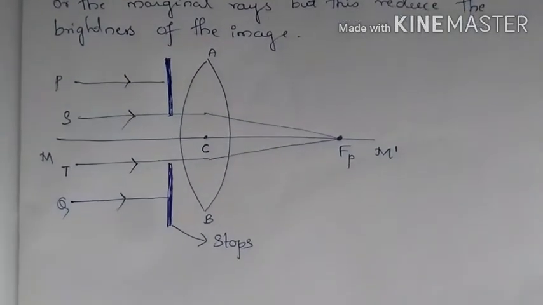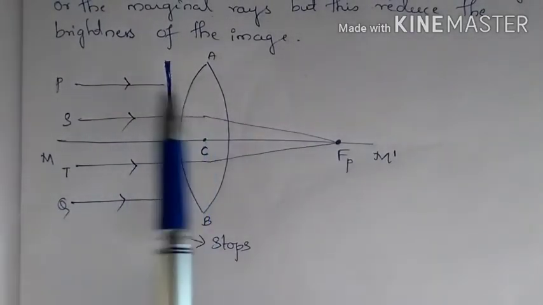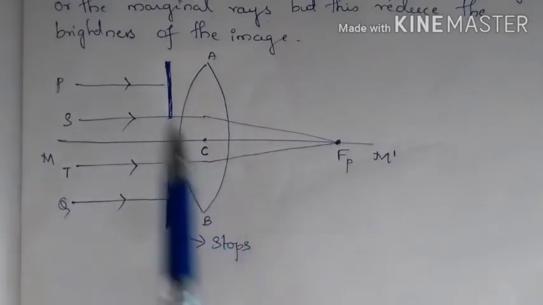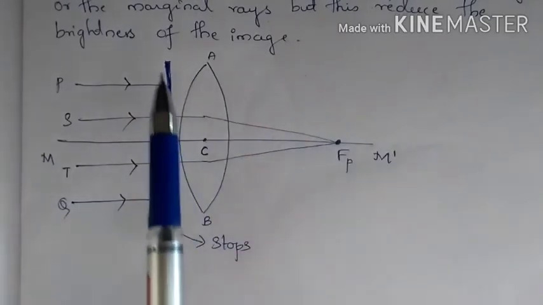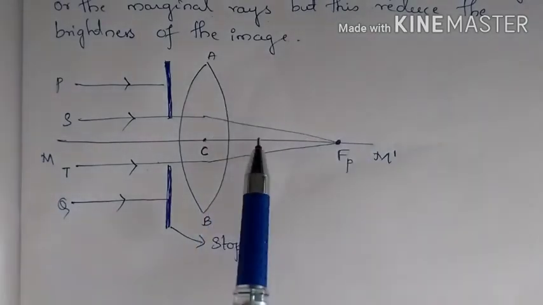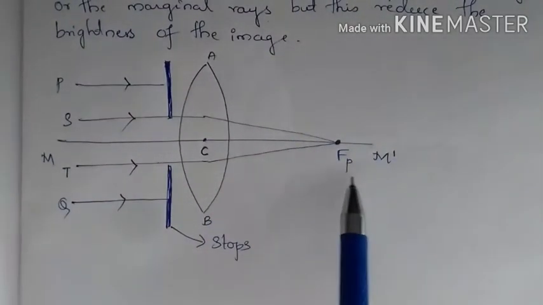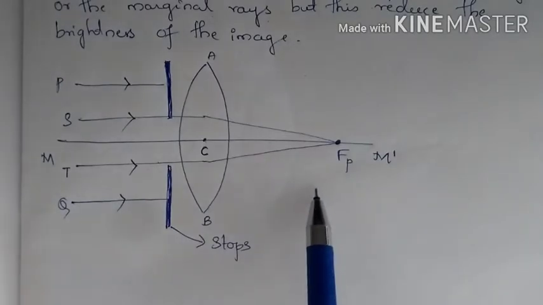Now the two rays which are not passing through the lens are not involved in the image formation, hence the image formed here will be of less brightness.